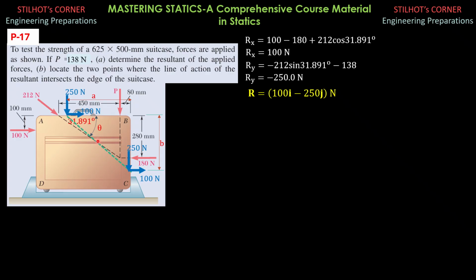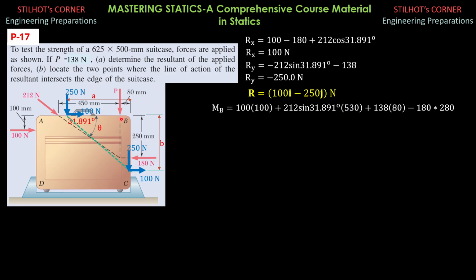By the way, this is the angle that the line of action of the resultant makes with the horizontal if you want to specify it the other way. But this is the better way. I use the components. So MB is 100 times 100. Vertical component of 212 is 212 times sine 31.891 degrees times 530 mm, where 530 is 450 plus 80.